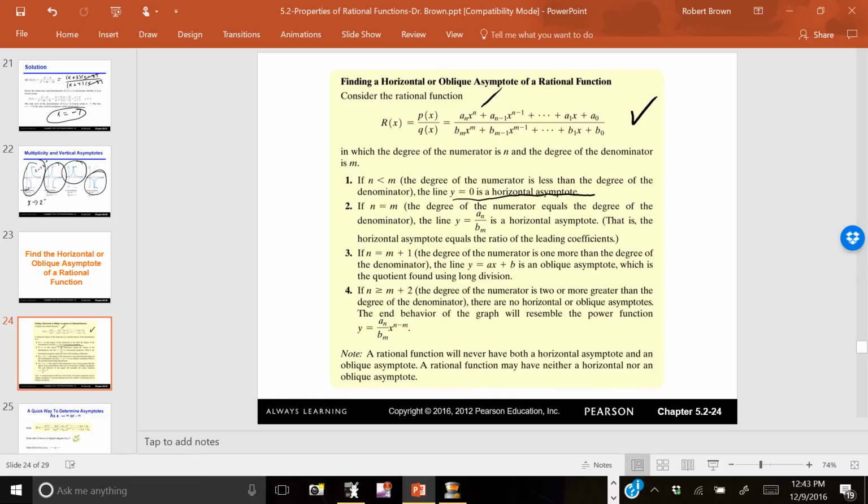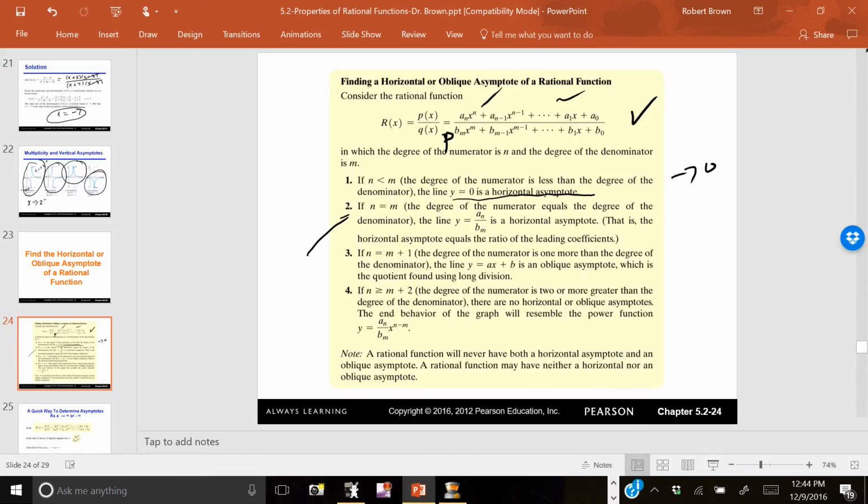That basically means that the denominator, because m is more than n, is overpowering the numerator, which gets bigger and bigger as x goes to infinity, and so it goes to 0.